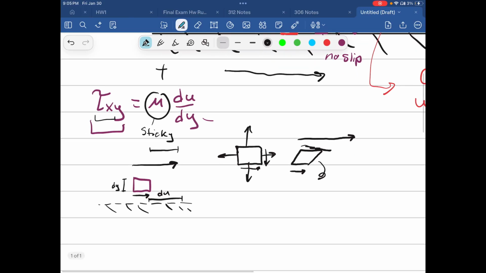So our shear stress in xy is related to the viscosity, or the stickiness of our fluid, and then the change in velocity as we're going up with respect to our fluid element.